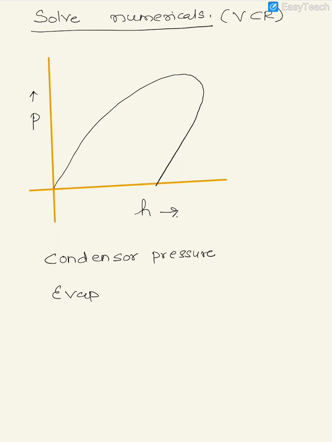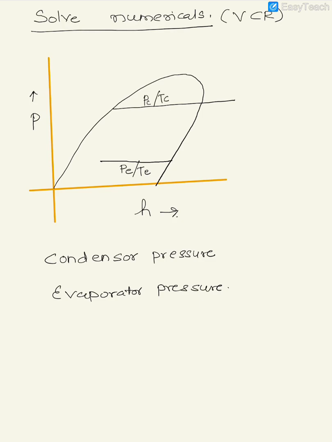Because it is a simple vapor compression cycle, you need to plot this on the pH diagram for clarity before you actually get the properties. The lower line corresponds to the evaporator pressure or temperature, and the above line corresponds to the condenser pressure or temperature.